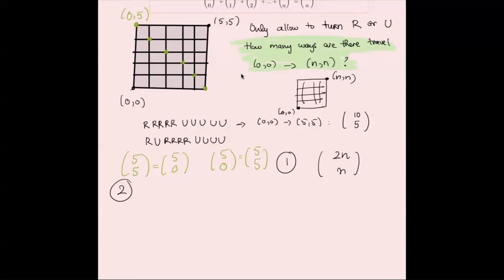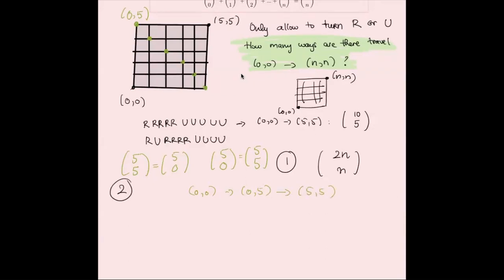You will have to take any of the numbers on this part, multiply with any of the numbers here. So what I can do is going from 0, 0 up to 0, 5, and then from 0, 5, I go to 5, 5.